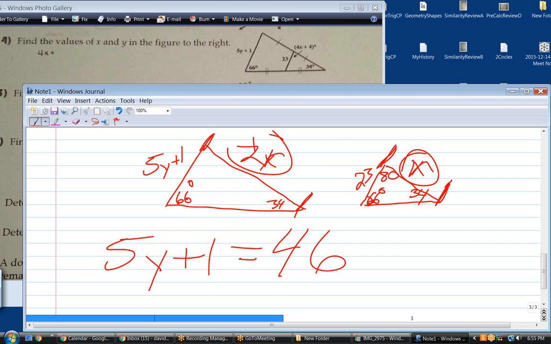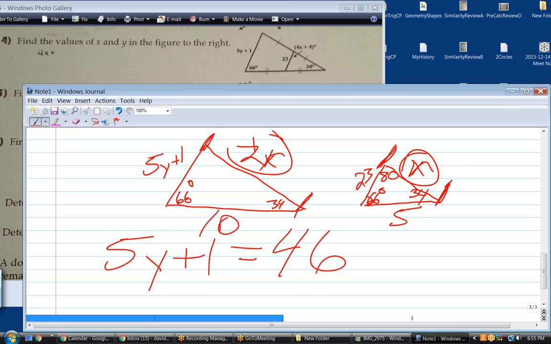The important thing is to understand that the big triangle is twice, I don't even want to say twice the size, because that connotes area. Every side of the big triangle is twice as long as its corresponding side on the small triangle. If this side was 5, this side has to be 10.